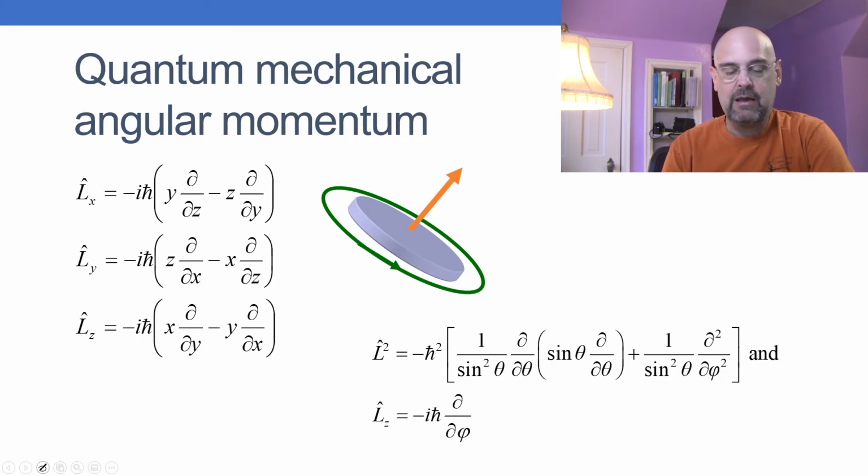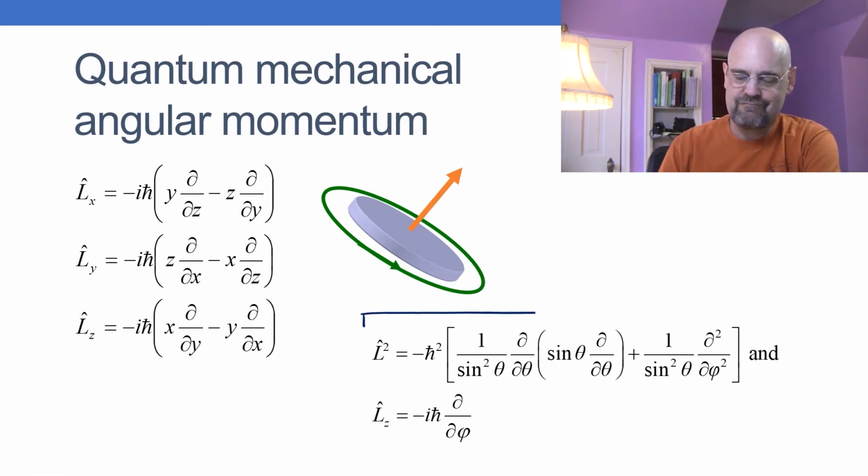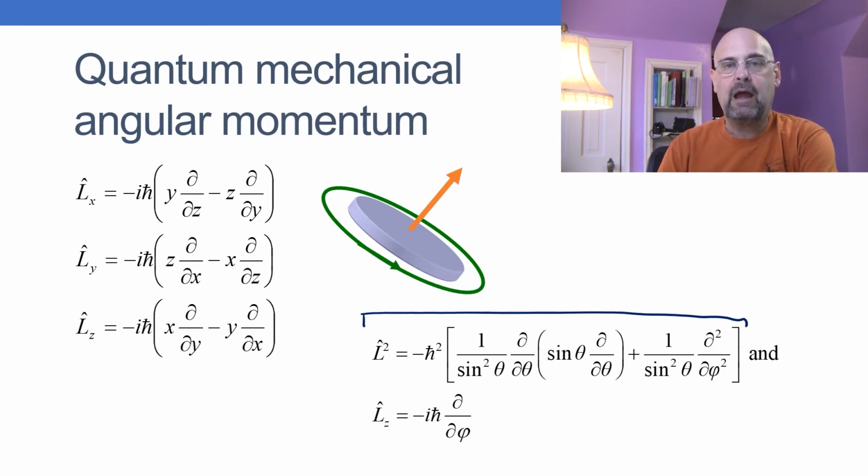Same thing for Ly and Lz. I can show that in Cartesian coordinates, I'm only going to do two, that L squared is equal to this collection here, and that the z component is going to be just equal to the partial derivative of rotation about the z axis.